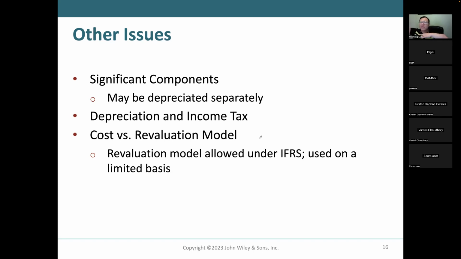If the fair value changes, they have to change their asset value to reflect market value, and in that case they have unrealized gains and losses. But I won't talk too much about it because this is really an intermediate financial accounting concept. For now, just know that there are two different models, the cost model versus the revaluation model, and the focus of this course is the cost model.